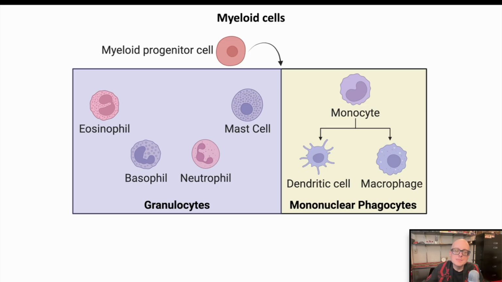And so the other side of the family tree that have more normal appearing nuclei we call mononuclear as a way to distinguish them from granulocytes. So we're going to keep in mind that we have these two subfamilies of myeloid cells, but let's first walk through the different types of granulocytes and see the types of functions that they perform, particularly within an innate immune response.